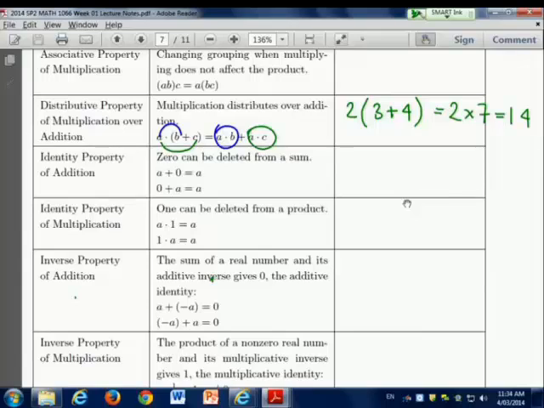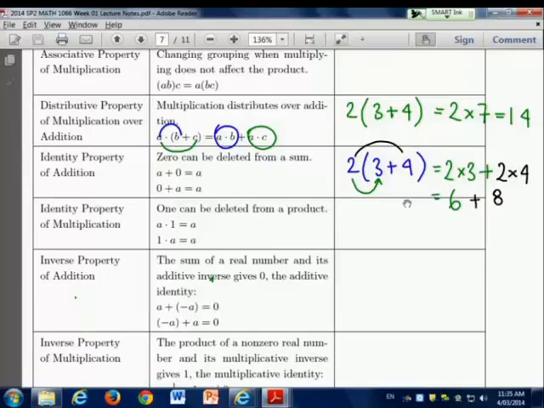If we do it by applying the distributive property of multiplication over addition, often just referred to as the distributive property, we do 2 times 3 plus 2 times 4. We work out 2 times 3, which is 6, and 2 times 4, which is 8, and then we add our intermediate answers together to get 14. So we can distribute like that.